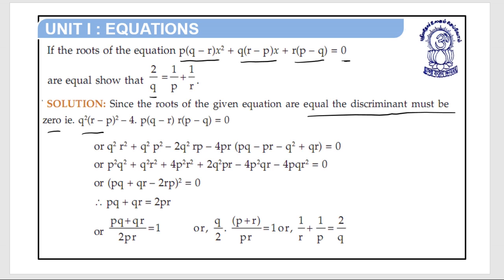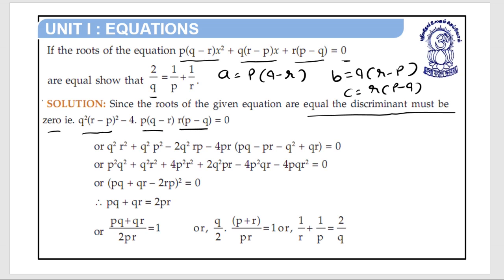So b square minus 4ac. Here a is equal to p(q minus r), b is equal to q(r minus p) and c is equal to r(p minus q).